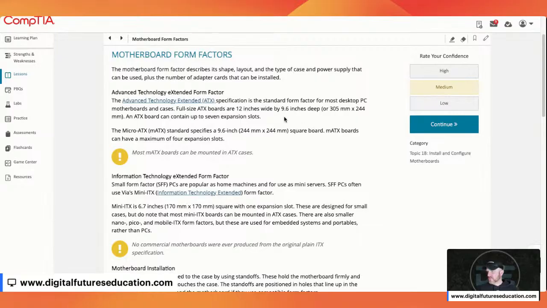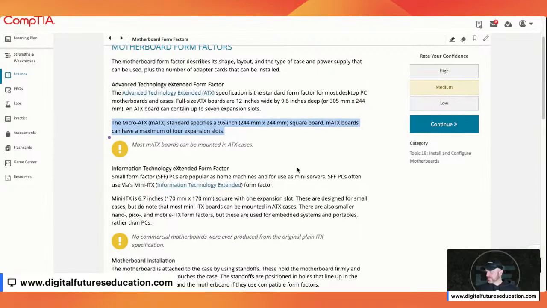So they do go over the full size, which is 12 by 9 inches with 7 expansion slots. The micro specifies a 9.6 inch square board, so 9.6 times 9.6.